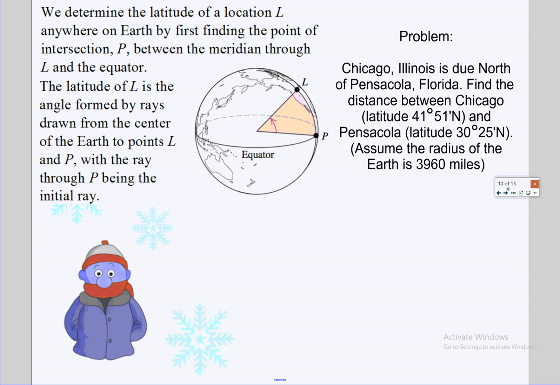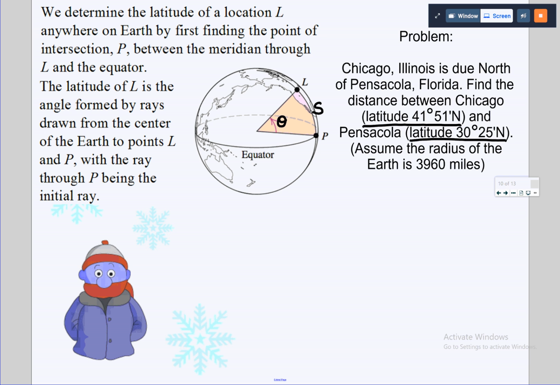So if we wanted to know, for example, how far apart Chicago and Pensacola, Florida are, assuming they're directly above one another on the latitude lines or the longitude lines, we can take their latitude and find the difference in them. The difference in the latitudes will give us a central angle. And now do you see how that kind of looks like the arc length picture on the previous slide? We can find S there, and that's going to give me the distance between the cities.